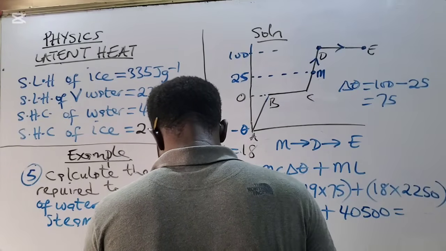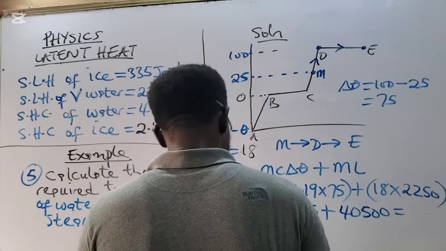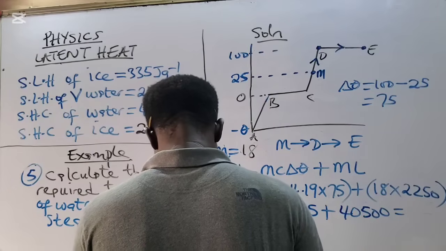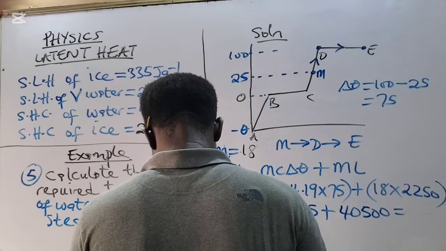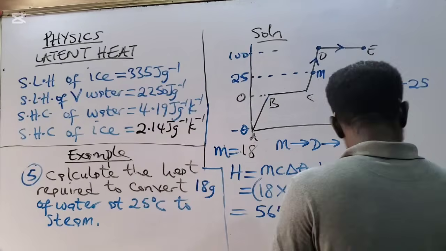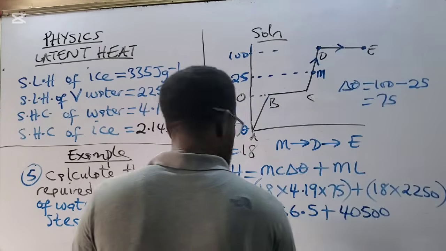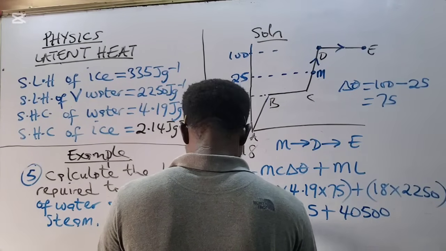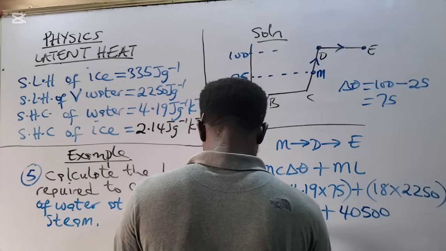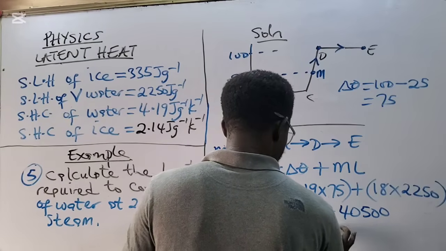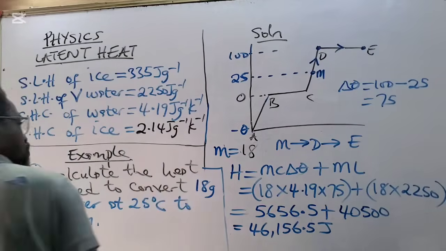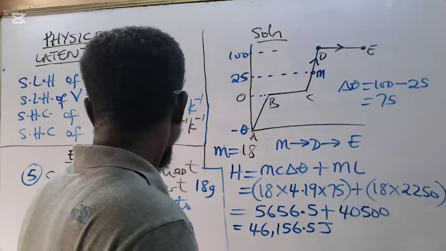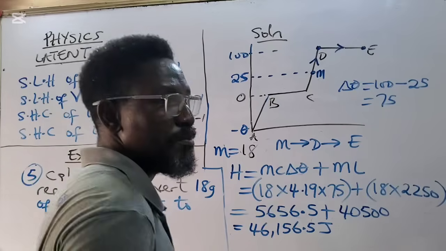When you add up 5656.5, you get 46,156.5 joules. That is the heat required to convert 18 grams of water at 25 degrees C to steam.